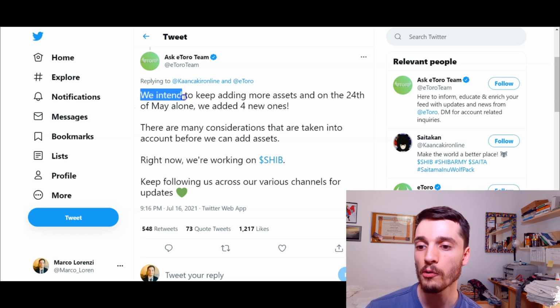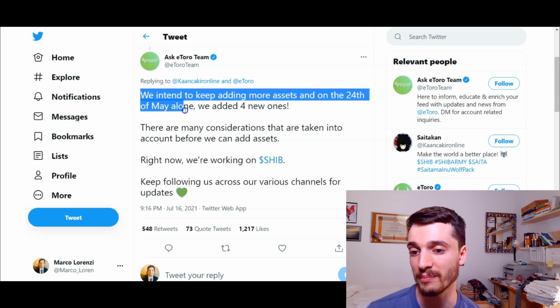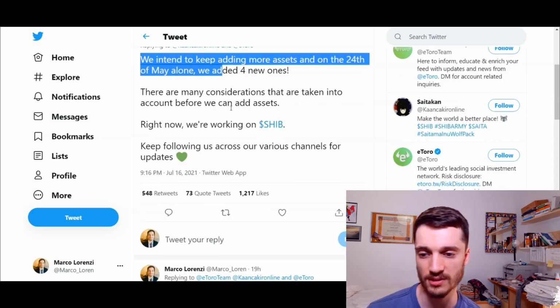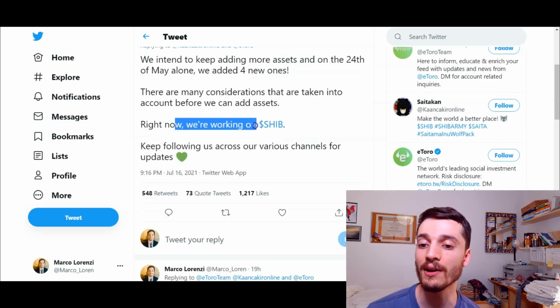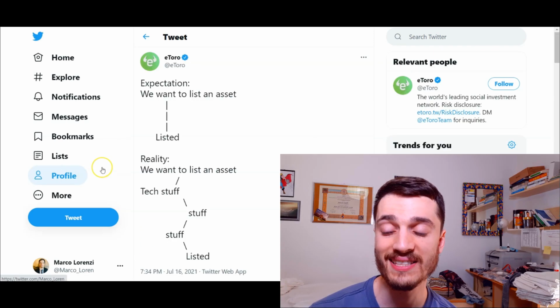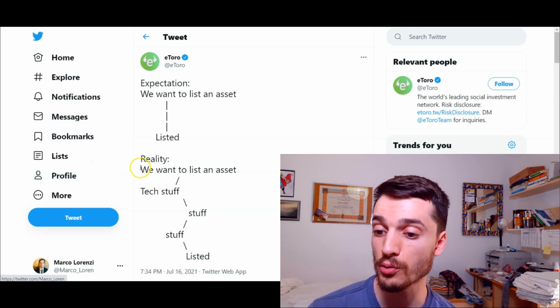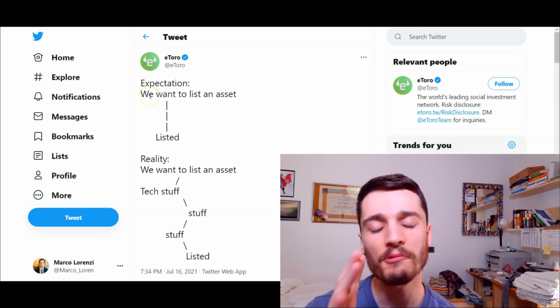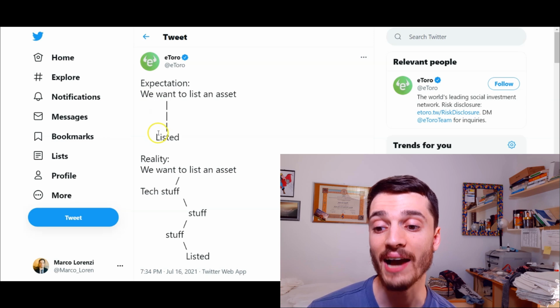So as you can see, we intend to keep adding more assets, and on the 24th of May alone, we added 4 new ones. Right now we are working on Shib, and this is what's really important. What they said is that they are really close to actually listing Shib. For example, they wanted to try to manage our expectations.